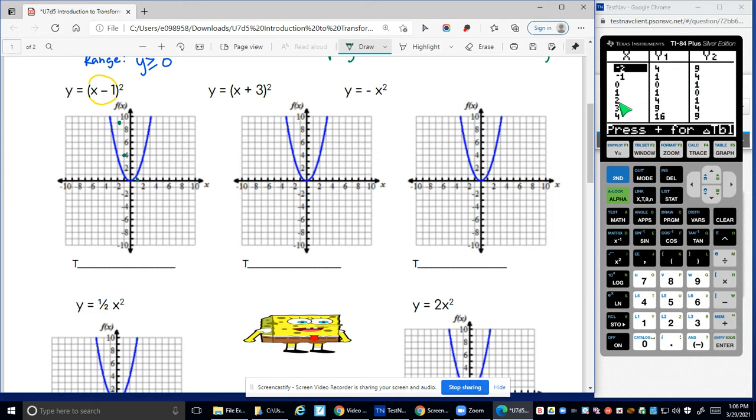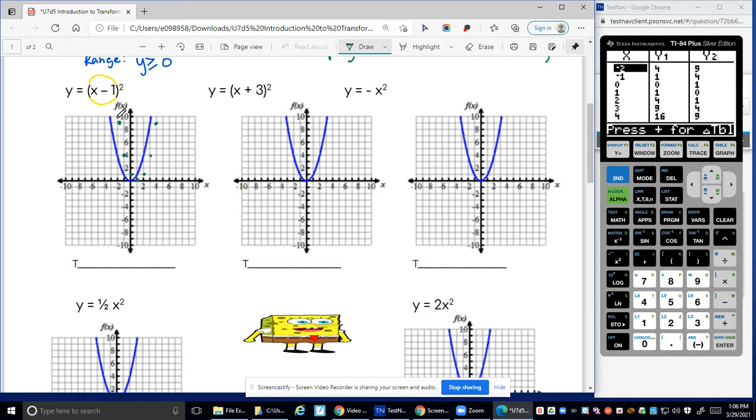And 2 and 1. And I think I missed one here, right here. Yes. And 3, 4. And 4, 9.